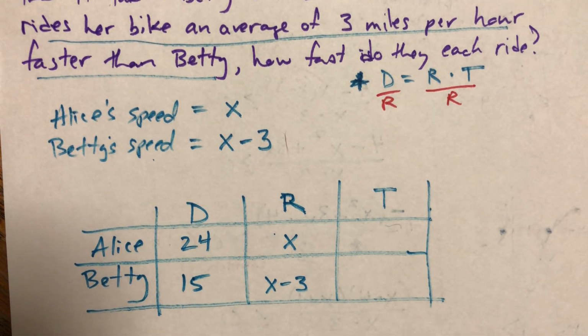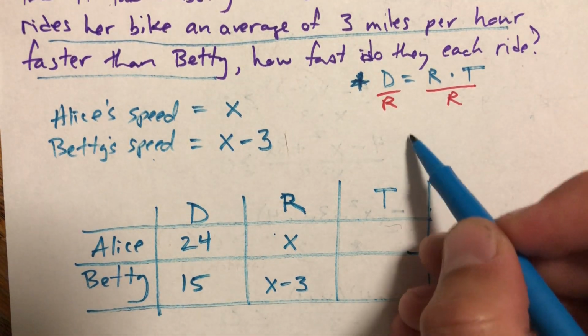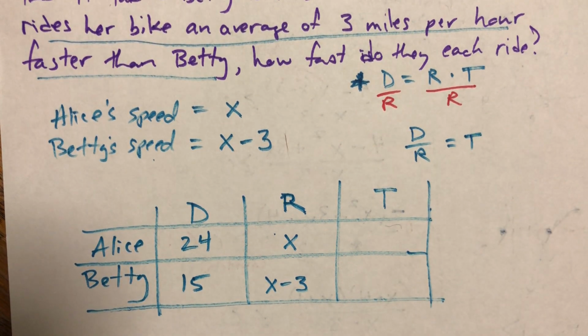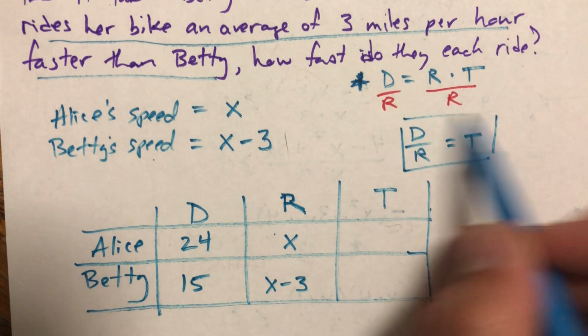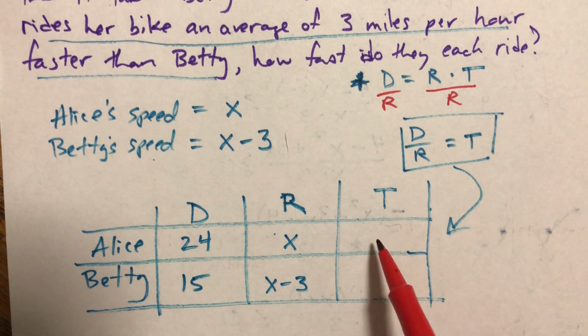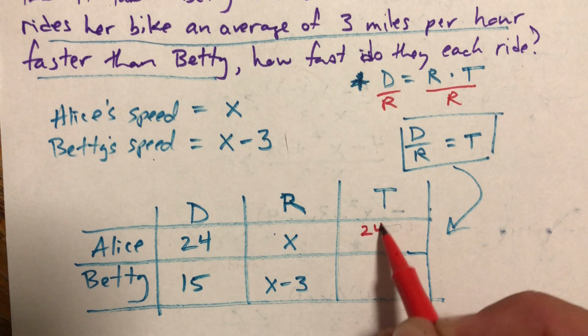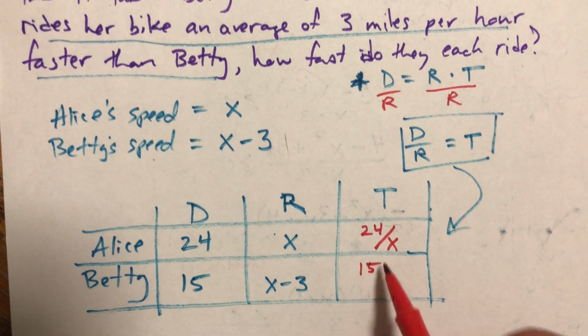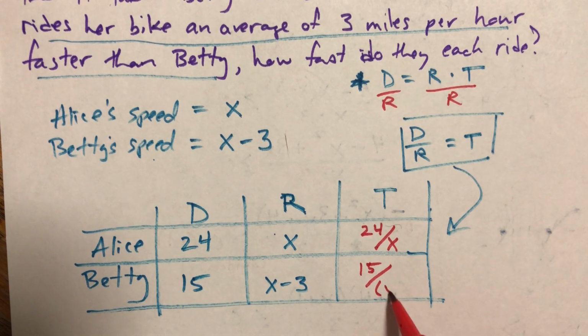And this is still true, as long as the rate's not 0, but that's kind of a silly situation that we're not going to be in. So here is what we're going to put here, right? We've got distances for each, we've got rates for each, and let me write this in red. So we've got distance over rate, so 24 over x. Down here we've got distance over rate.